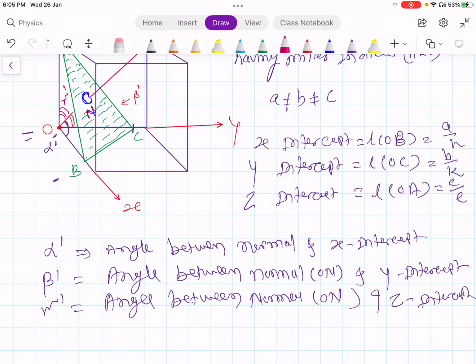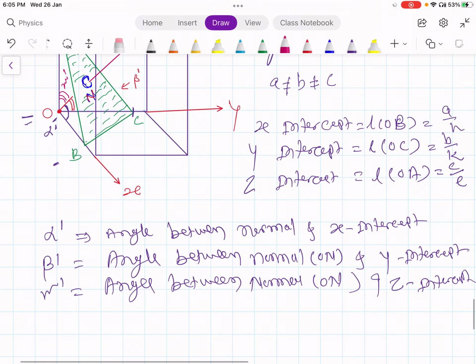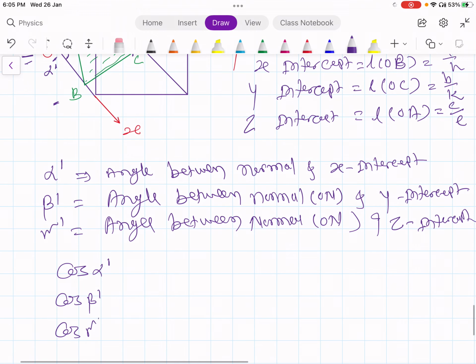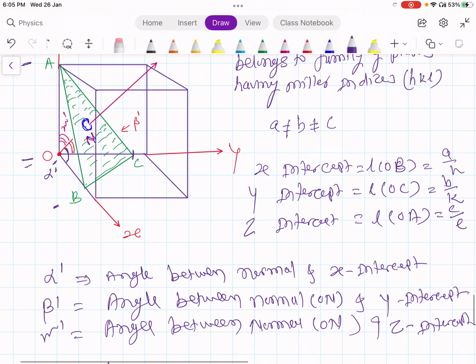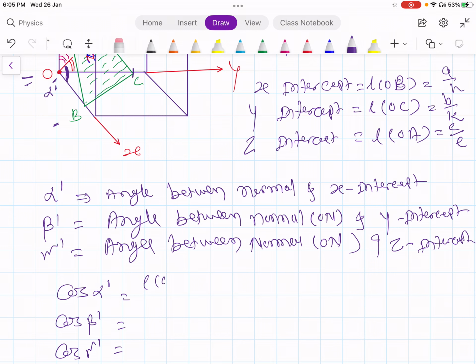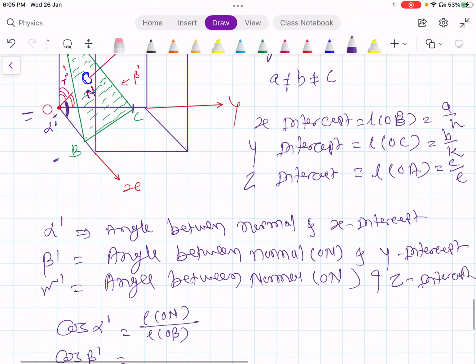Then from the diagram you can find the values of cos alpha dash, cos beta dash, and cos gamma dash. Now from the figure here, cos alpha dash is nothing but length OM, which is a normal, divided by length OB, which is the intercept.